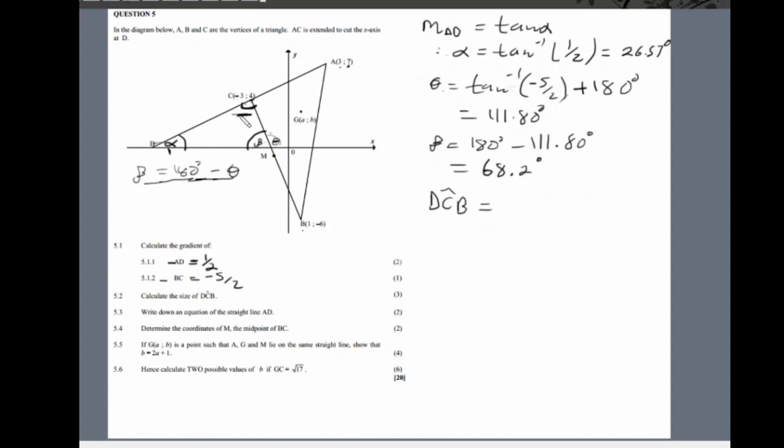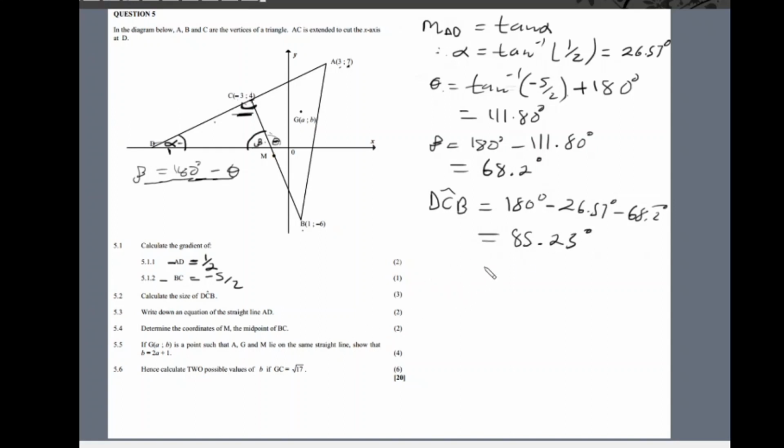Now if I say 180 minus alpha minus beta, I'll get that angle at C. Right, so here I'll have 180 degrees minus the angle alpha, which is 26.57, and then minus the angle beta, which is 68.2, and then I'll get my angle DCB to be equal to 85.23 degrees.